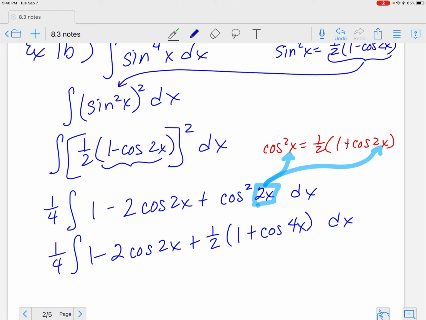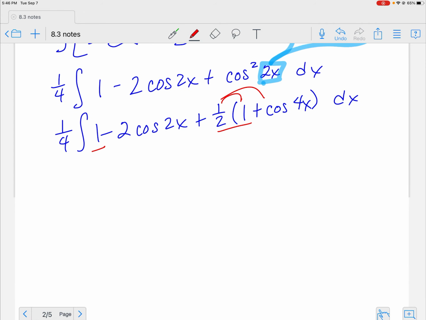All right? Okay, clean it up a little bit. Look what happens. If you distribute this 1/2 to both terms, you'll get this 1/2 right here that you can put with a 1. And then it's that 1/2 cosine 4x. I'm going to scoot it up again.